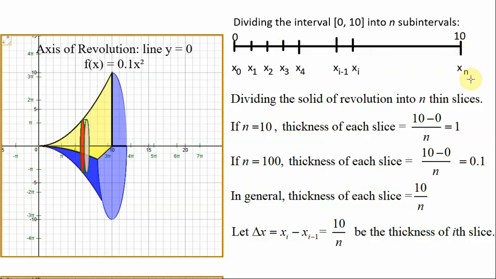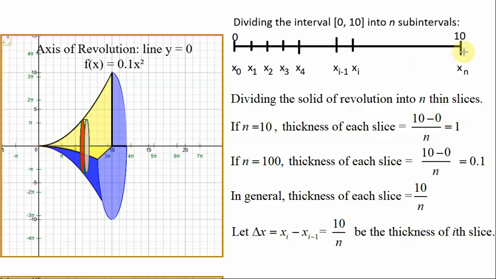Then this would be x of n. And so if n is 10, meaning there are 10 subintervals, then this would be 0, 1, 2, 3, 4, and then all the way up to 10. And the length of each interval would be 10 divided by 10, which is 1.